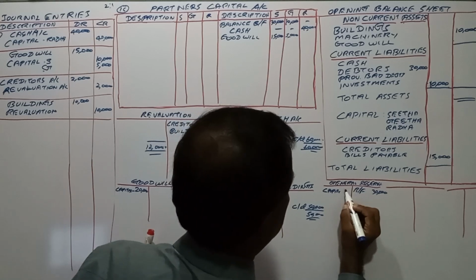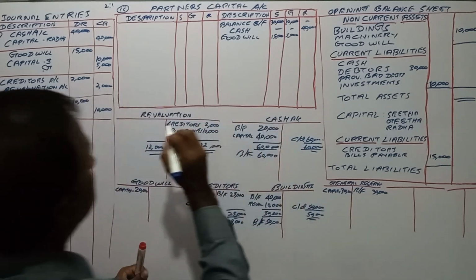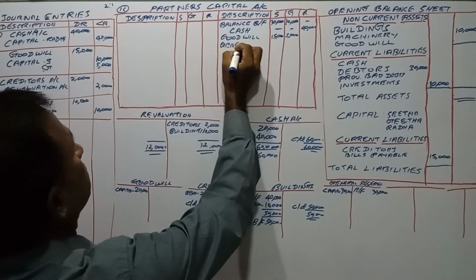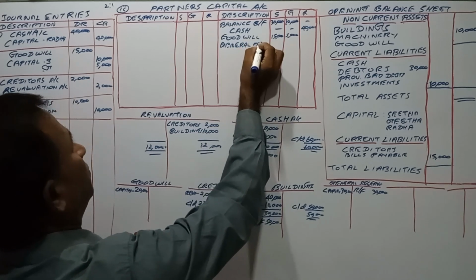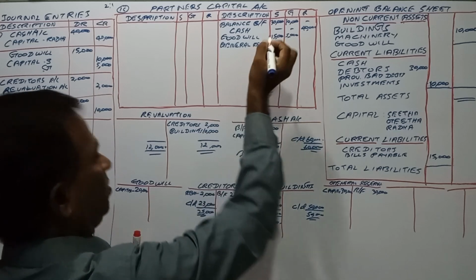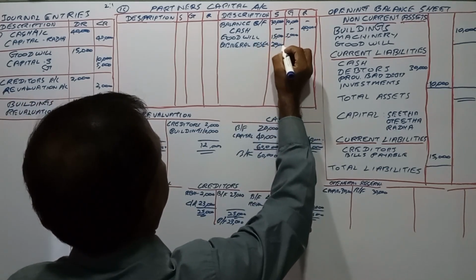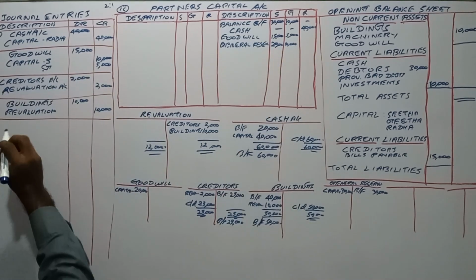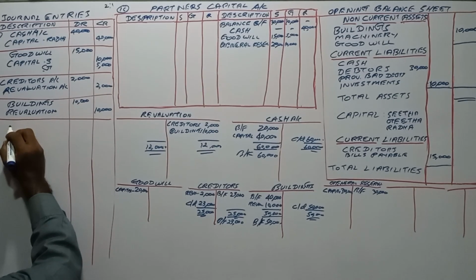Capital account 30,000. Right? General reserve 30,000 means 20,000 and 10,000. Then the fifth one is the partners' capital account. What is it?